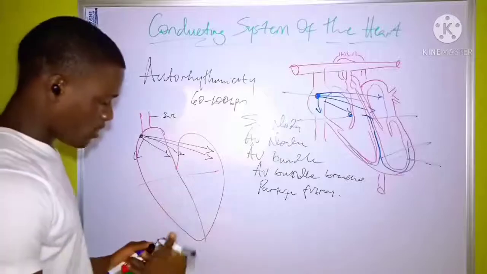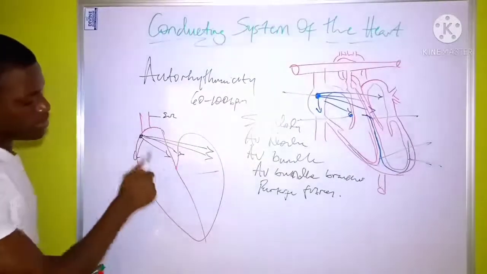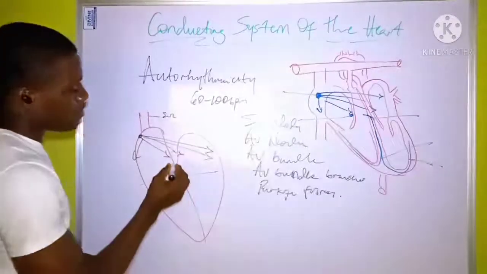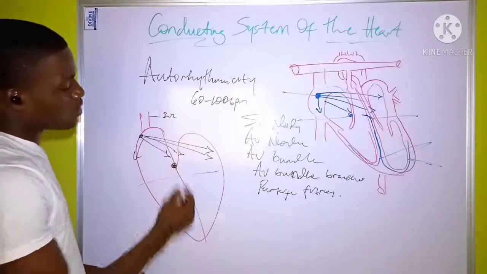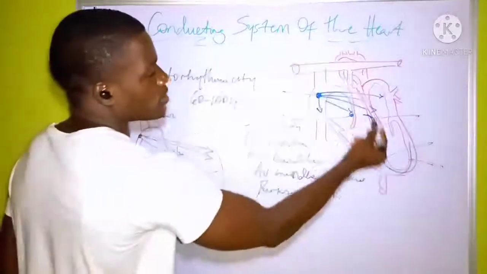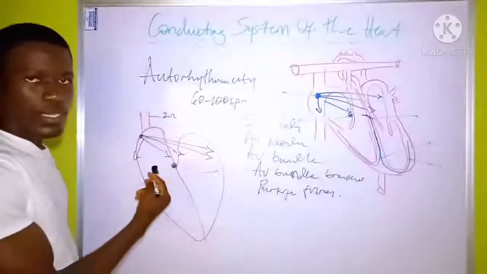And when this impulse is sent, it is sent to the atrioventricular node too. Now, talking about the atrioventricular node, it is located along the septal wall, that is the wall of the septum, which separates the heart into the left and the right side of the atrium.